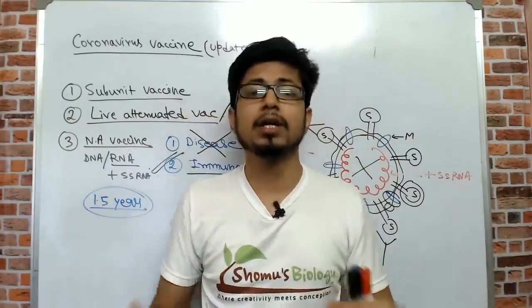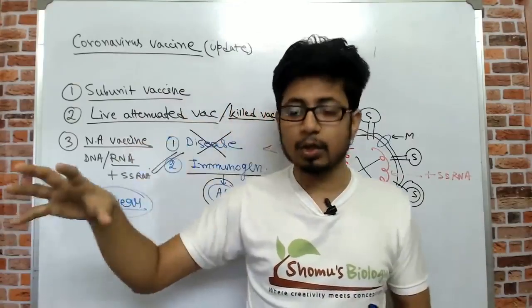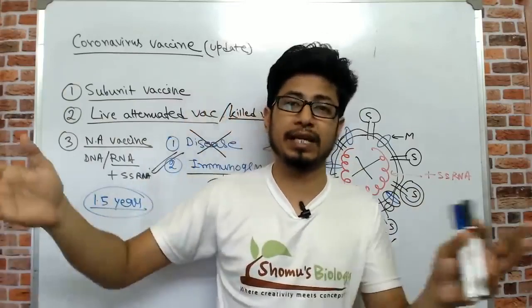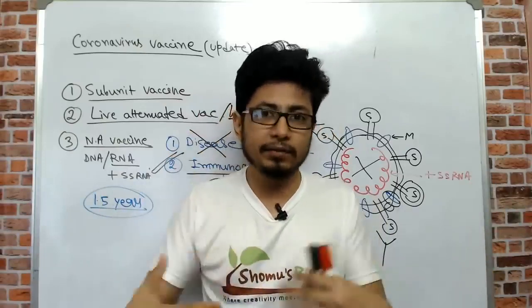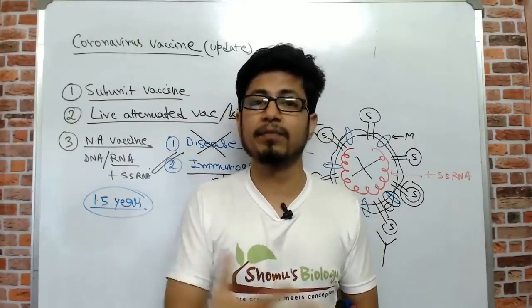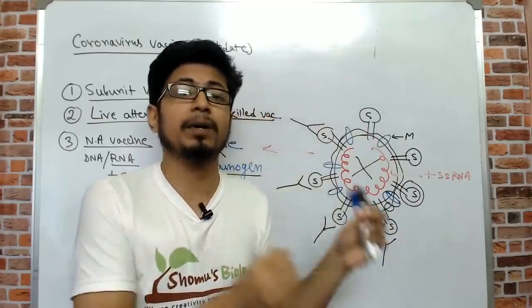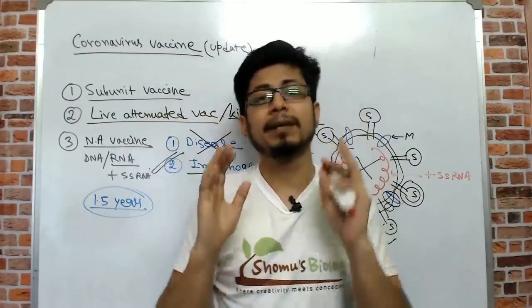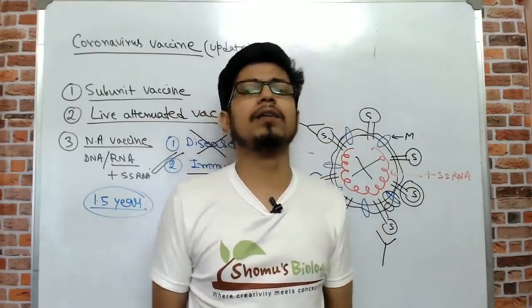We'll try that in animals, and we try that in humans, but the WHO has also been talking about skipping the animal trials and giving it directly to humans, so that we can cut the time by 3 to 4 months and reach marketing of this vaccine faster, so that everybody can be given the vaccine. That is the idea right now. It's going on, but it's mutating very fast. That's a big challenge, but still we're trying, and you can expect a vaccine by the start of next year.